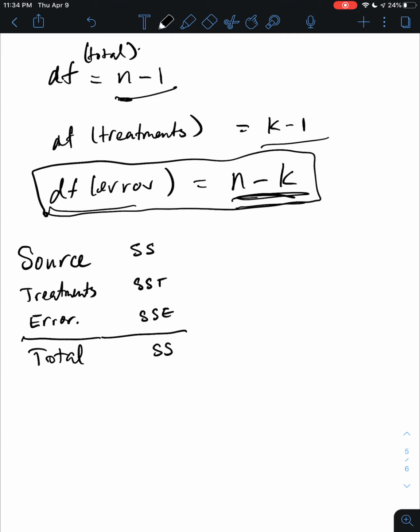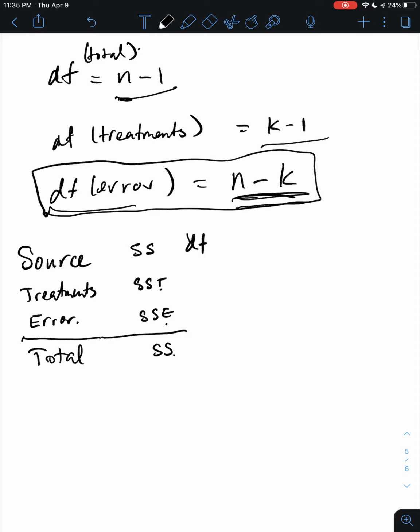Okay, and so I gave you formulas for each of these, but I told you in an exam situation, you won't have to use those formulas. I will supply you with the necessary pre-computed values in the table. So I will give you these numbers inside this table. At least two of them, anyway. You can figure out the third from knowing two of them.